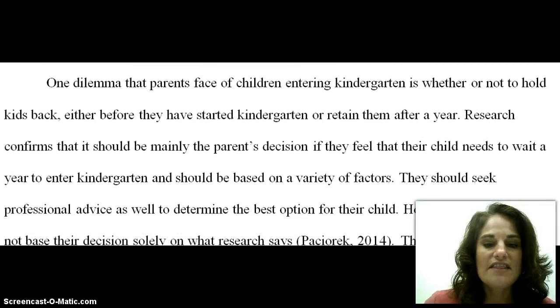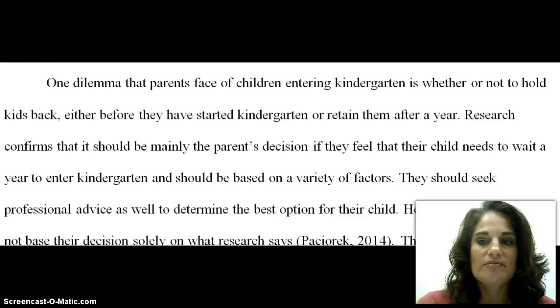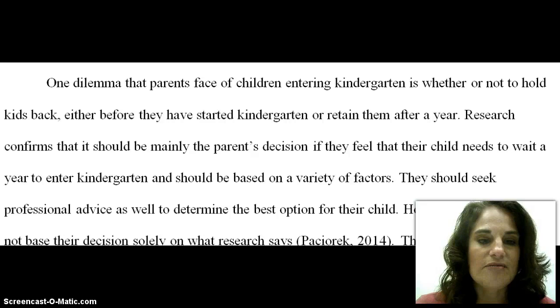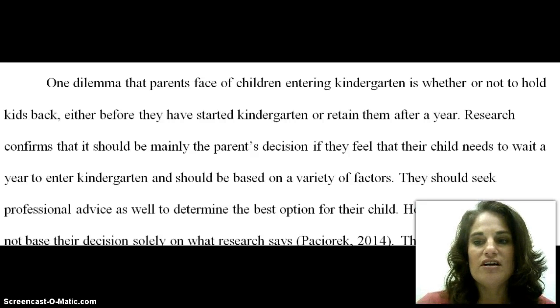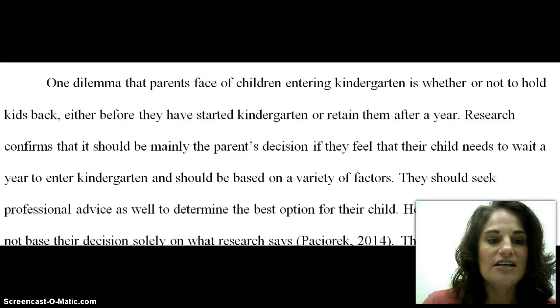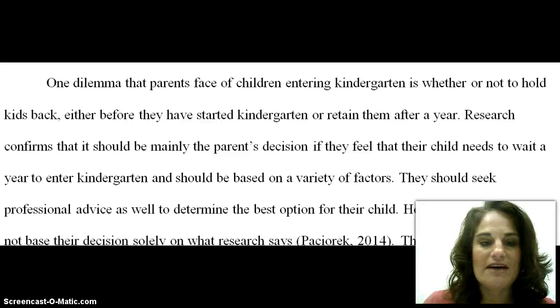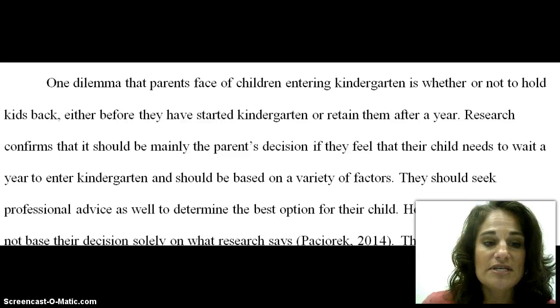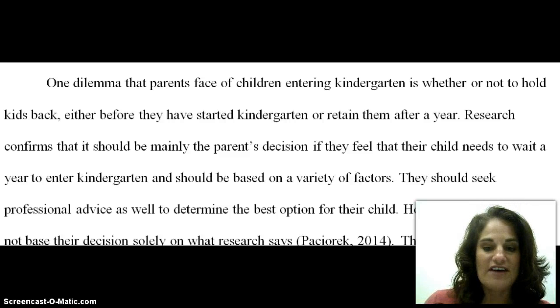Okay, and then I'm going on to talk about one of the trends in the topic a little further. One dilemma that parents face of children entering kindergarten is whether or not to hold kids back, either before they have started kindergarten or retain them after a year. Research confirms that it should be mainly the parent's decision if they feel that their child needs to wait a year to enter kindergarten, and should be based on a variety of factors.